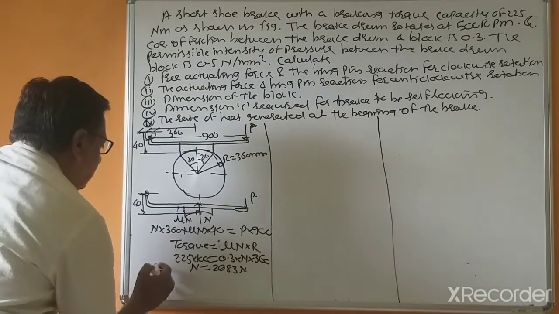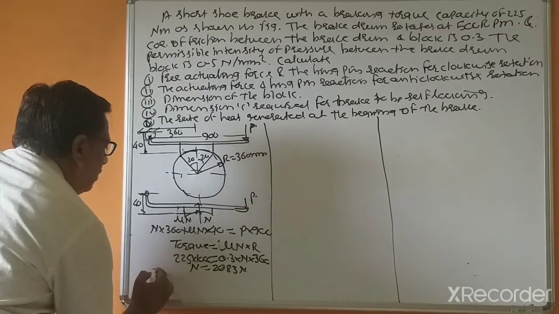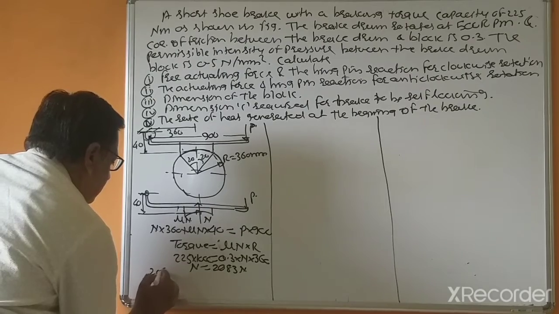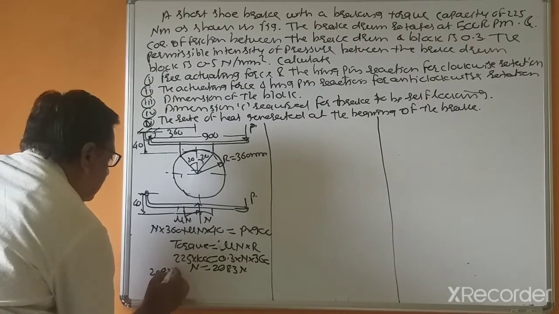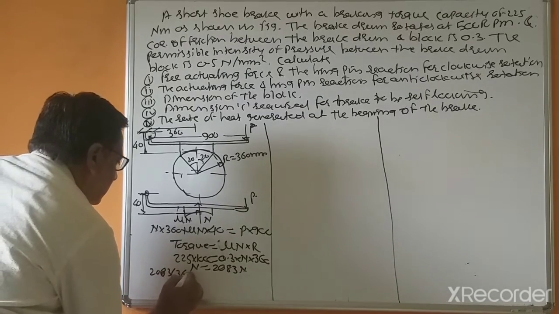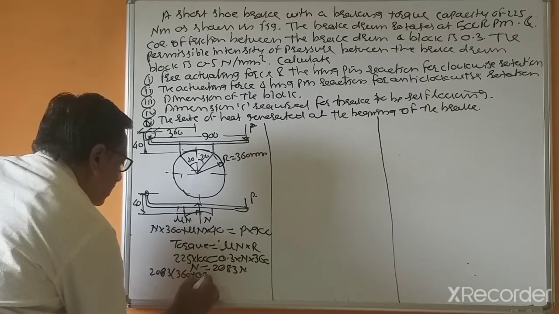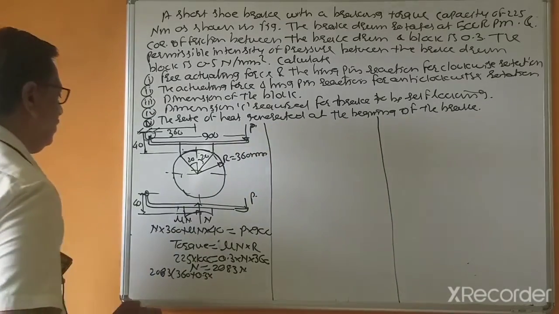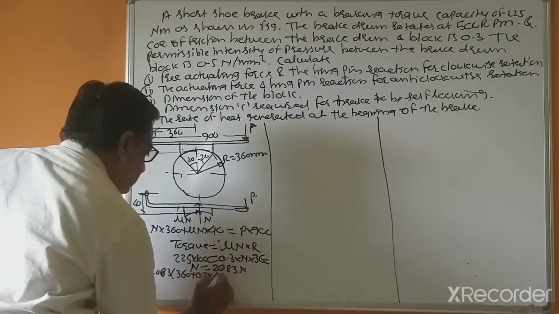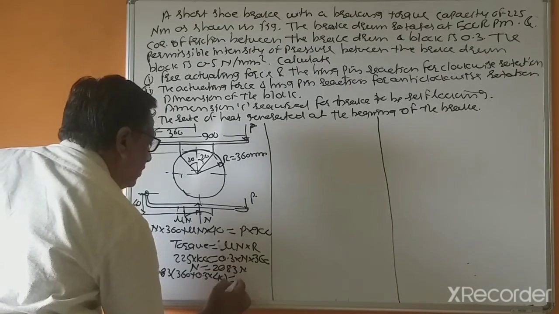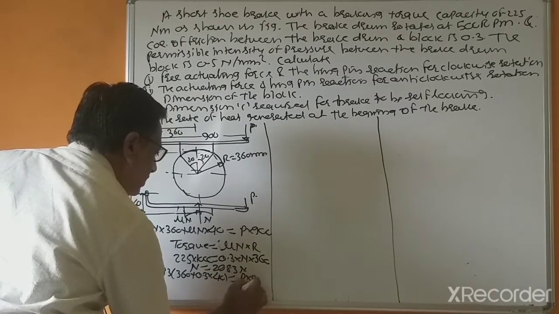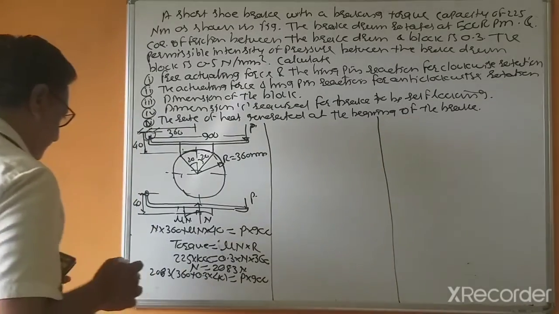Now by taking 2083 common, in bracket 360 plus 0.3 into 40 equal to P into 900.